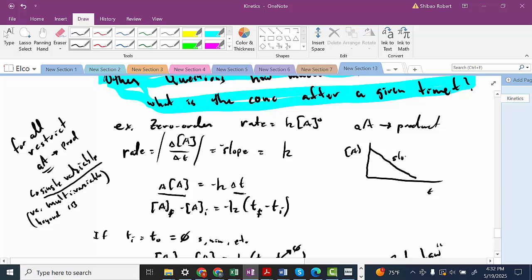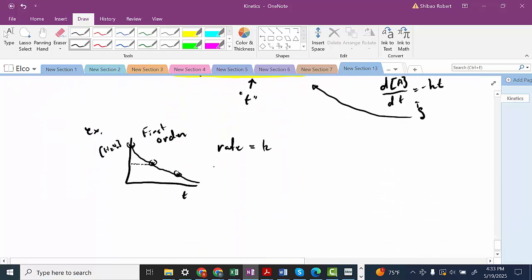So if we measure the slope here, the slope is negative, and so that's going to equal negative k, and so k is equal to negative the slope. That's what I meant for that particular equation. So sorry, correct that. It's a negative of the slope here, which is the k value. And so that makes it positive. The rates all need to be positive.